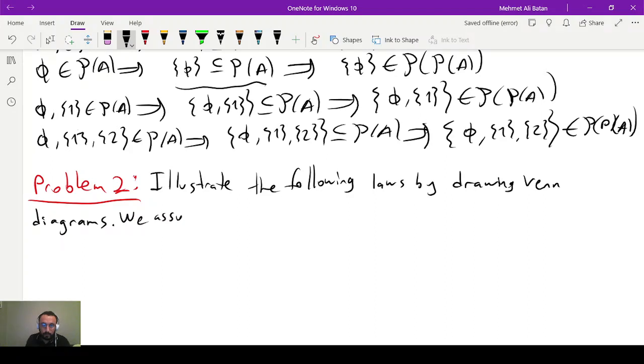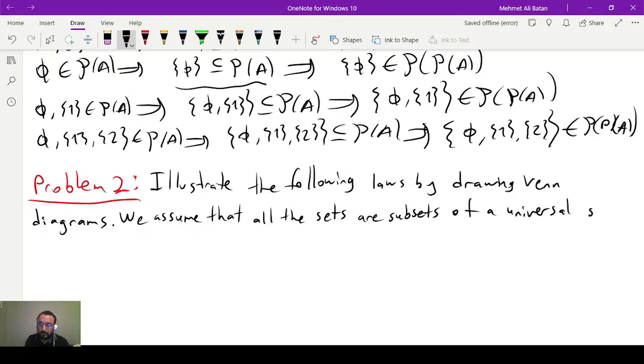We assume that all the sets are subsets of a universal set, capital U. Okay.